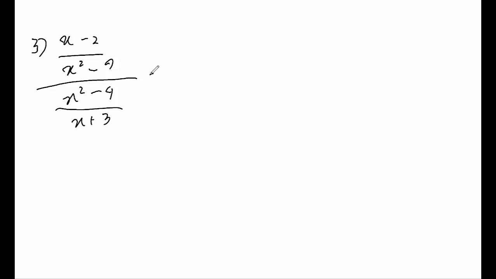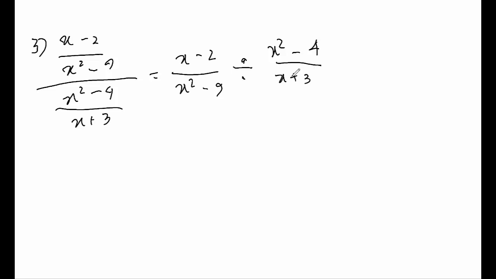So we'll say that's equal to x minus 2 over x squared minus 9 divided by x squared minus 4 over x plus 3. And now we're going to change this problem into a multiplication problem.